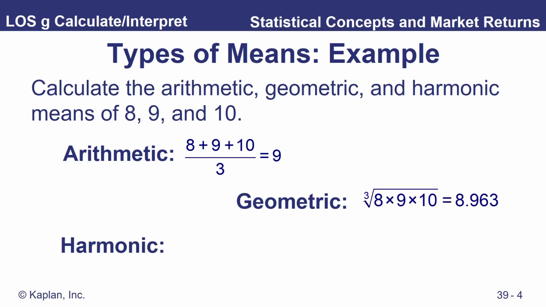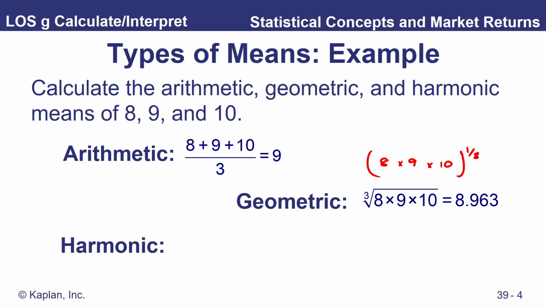So that's exactly what we've done. Again, remember on the calculator, you would do that as 8 times 9 times 10 to the power of a third. Didn't add 1, so we don't need to subtract 1. We only add the 1 when we're looking at decimal returns, and then we need to subtract it to get our geometric mean.